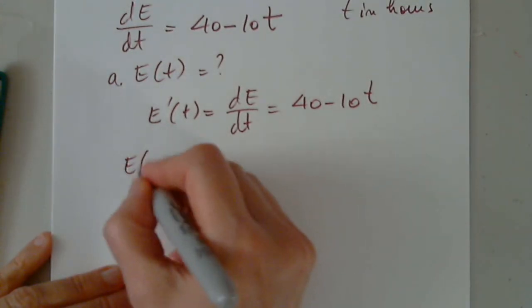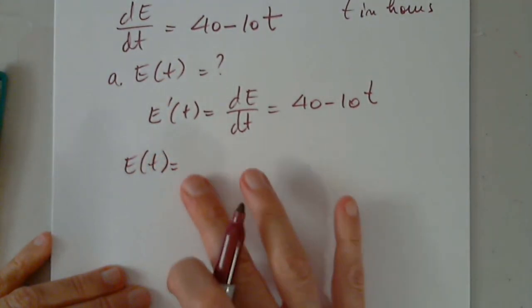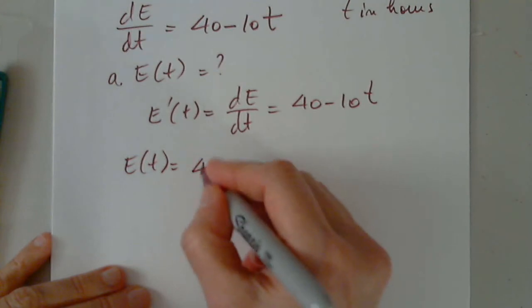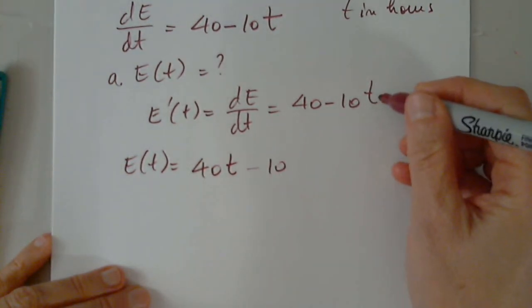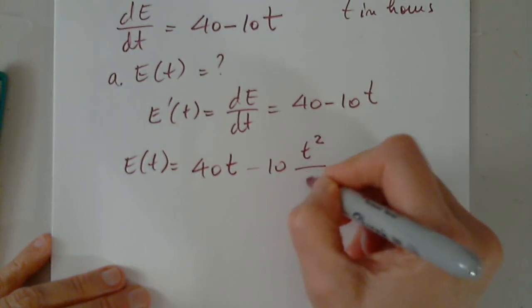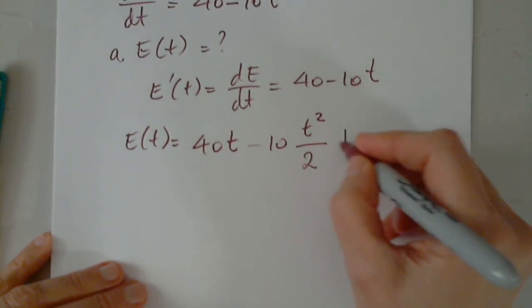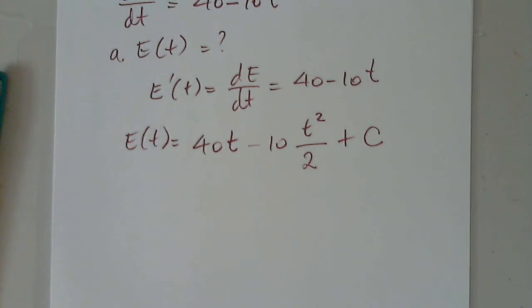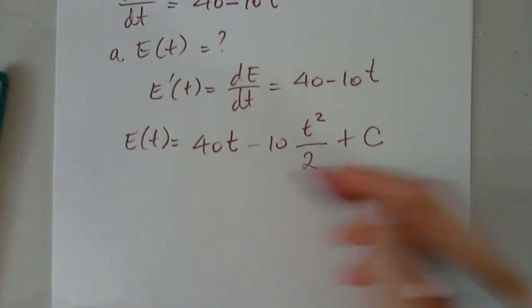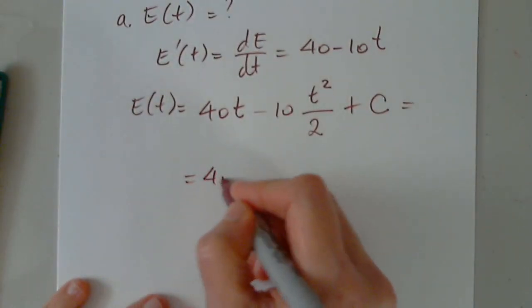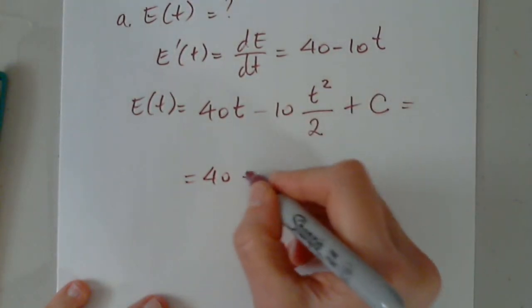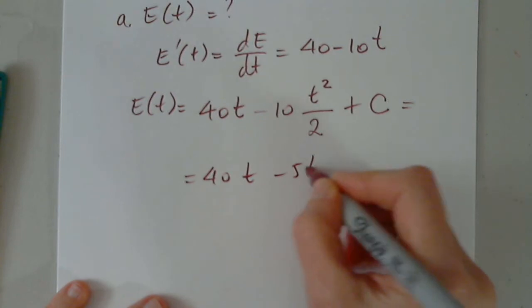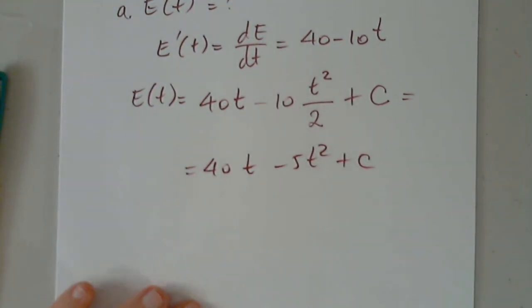In order to find E of t, I have to ask myself, which function has derivative 40. So this is 40t minus 10, which function has derivative t. I increase the power and I divide by that number, plus a constant c. I will simplify. If you feel comfortable, you can simplify from the beginning. So 40t minus 5t squared plus the constant c.